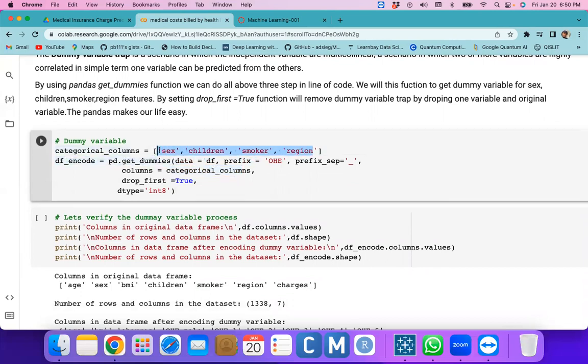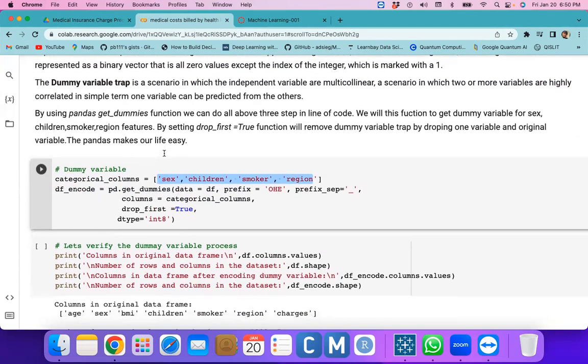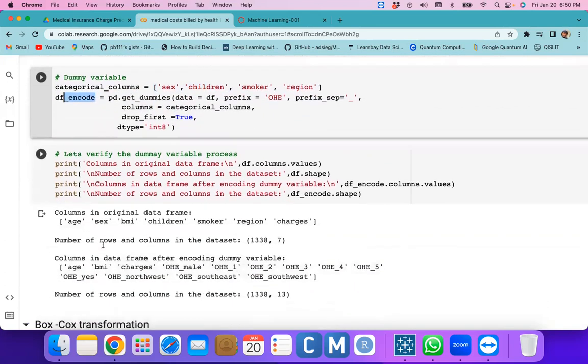These four columns I'm taking as categorical data, the columns which are in categorical form. We take all of these columns into one location and give them to the get_dummies method, and it generates new data, which is df_encode.